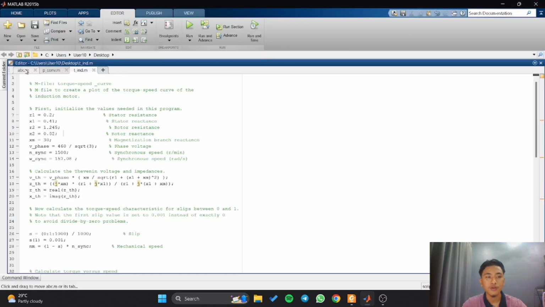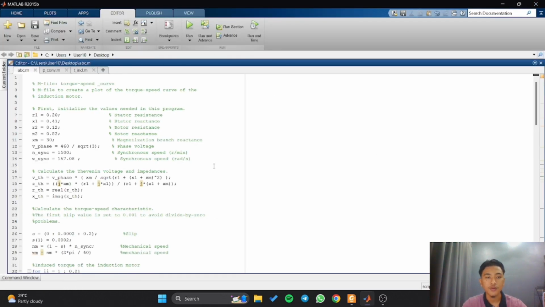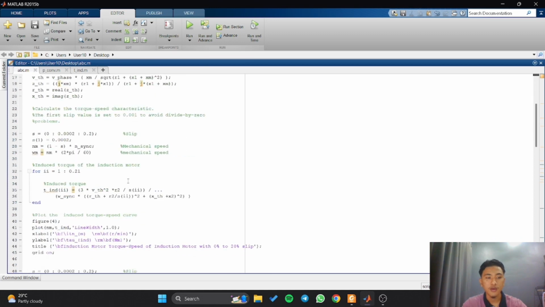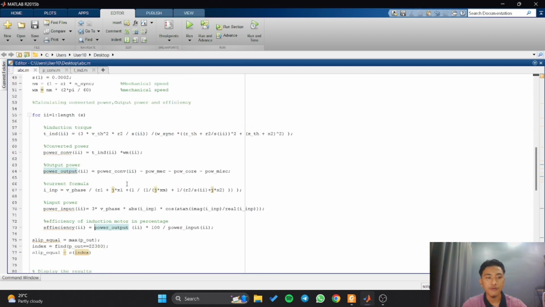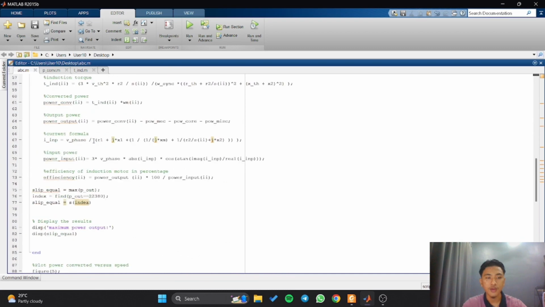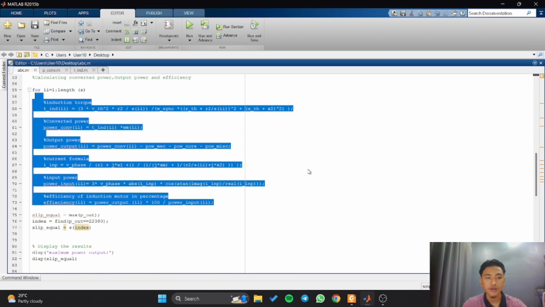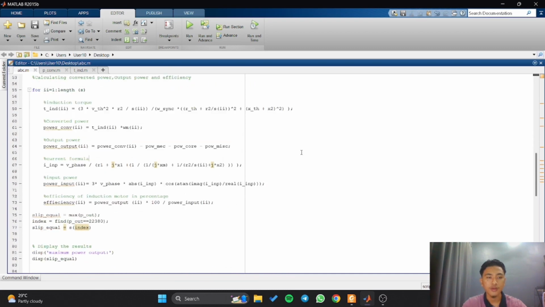Now for the next question, which is the plot of induced torque at slip 0.2, the converted power output, and also the efficiency of the motor. So this is the code, and this is the part of the result that we want to simulate.